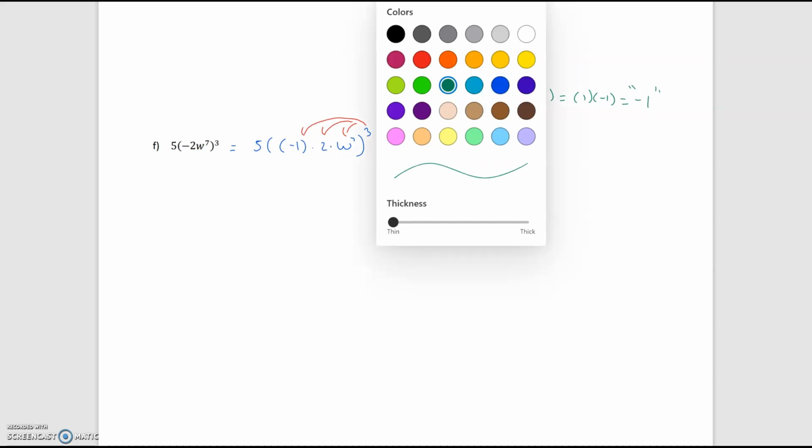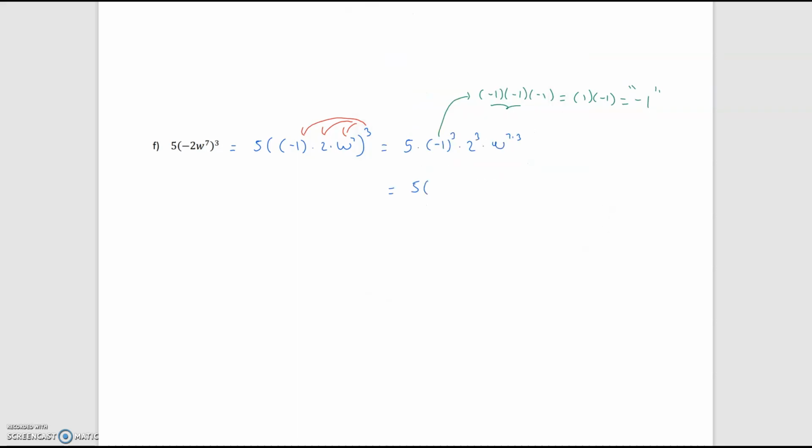So this is going to give us, in fact, -1 times 5 times 2 to the 3rd times w to the 21st. Or -5 times 2 to the 3rd times w to the 21st could be one way to express this one.